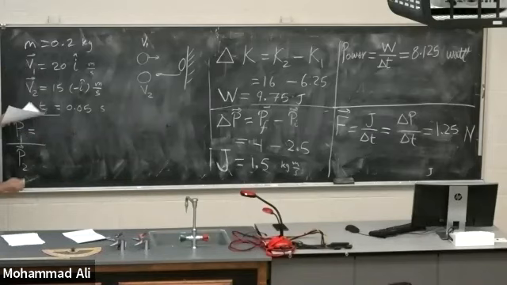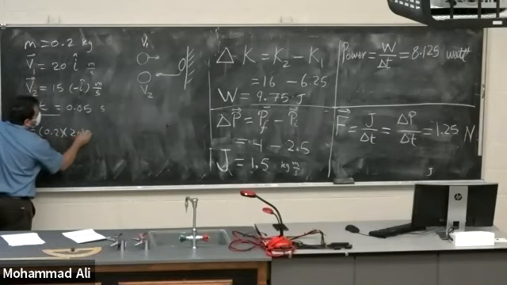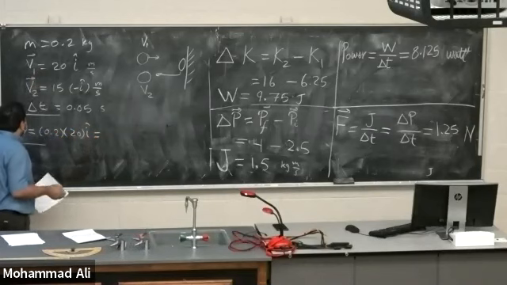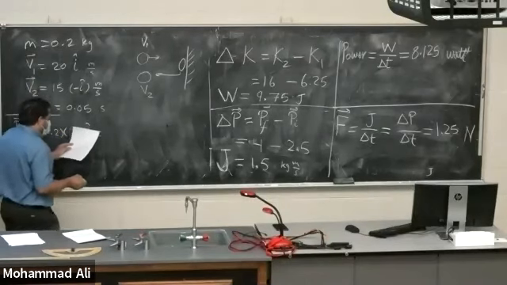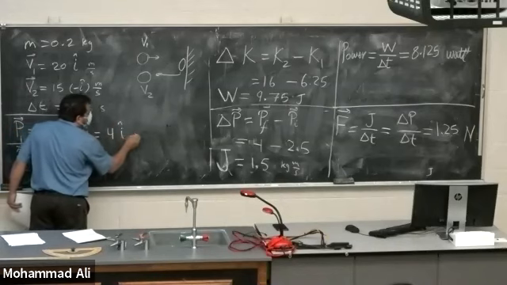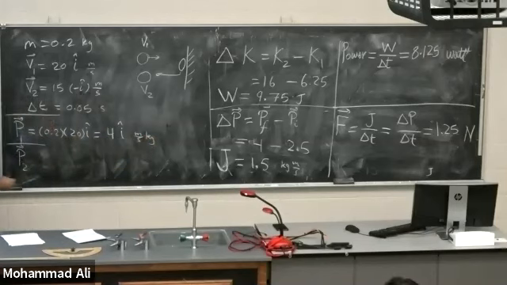Momentum is mass multiplied by V. That's it. It is 0.2 multiplied by 20 i, so it will be 4 i meter per second multiplied by kilogram. We have a kilogram. P finally, the mass is the same mass.